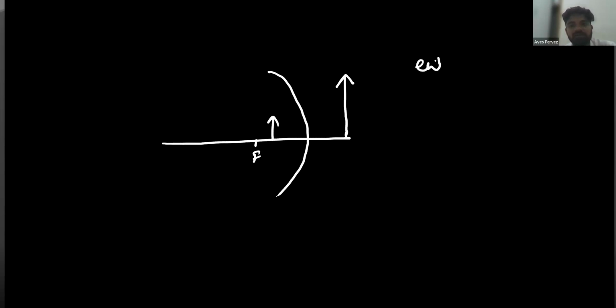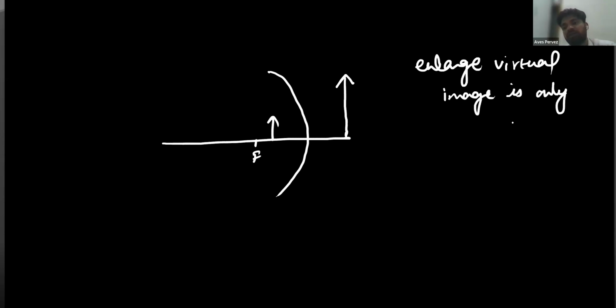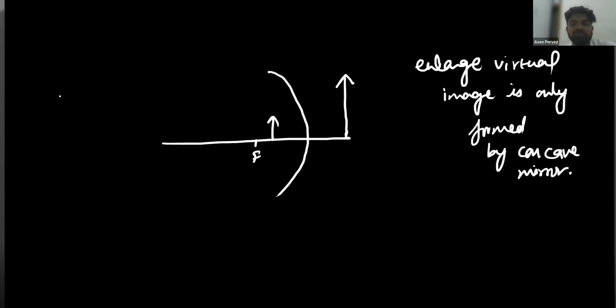A virtual image that is enlarged is only formed by a concave mirror. A plane mirror forms a virtual image of the same size, and a convex mirror forms a virtual image that is diminished.